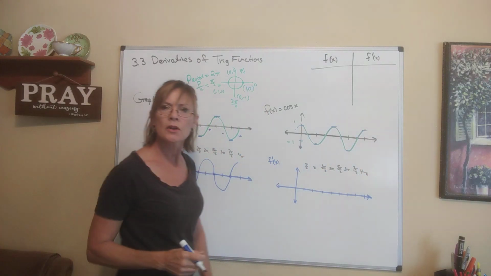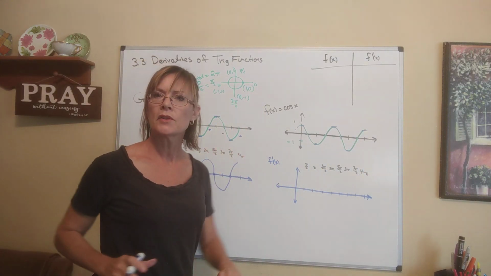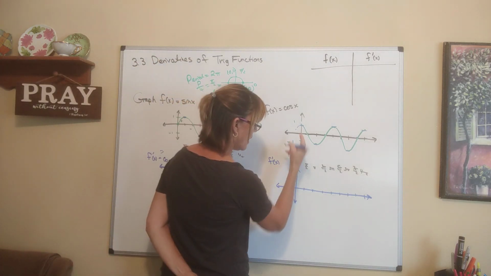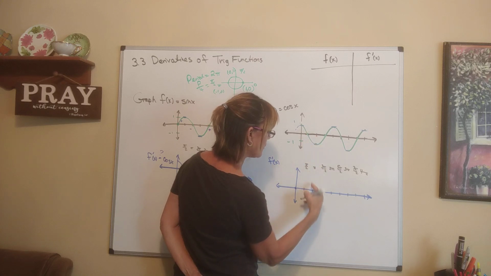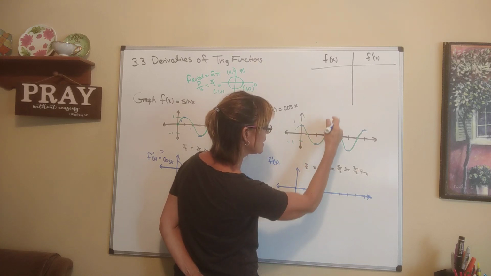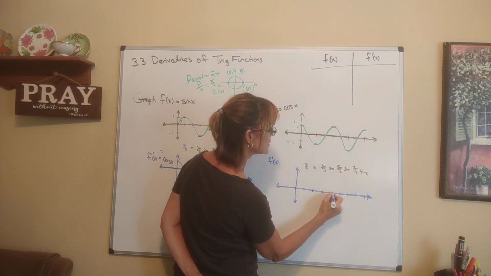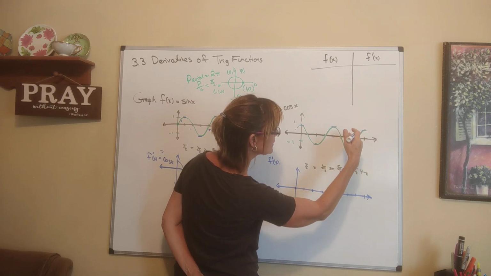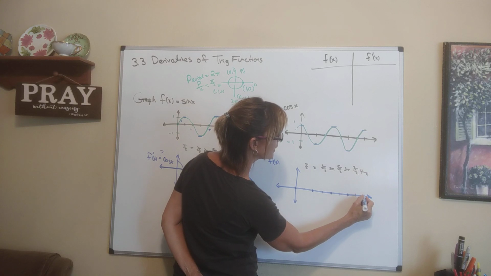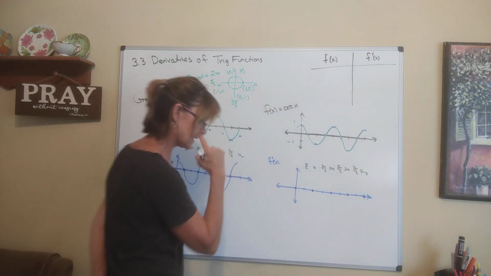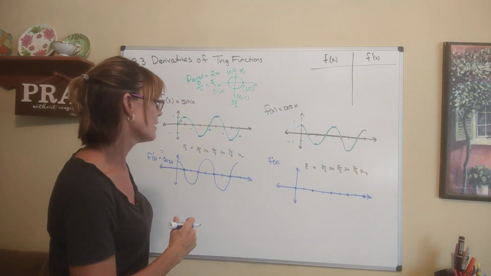So let's go ahead and mark those zeros on the derivative graph. Right here at 0, it is a horizontal tangent, so we say that's 0. Right here at pi, it's 0. Right here at 2 pi, it's 0. Right here at 3 pi, it's 0, and then right here at 4 pi is 0. So we found the x-intercepts where the slope is 0.